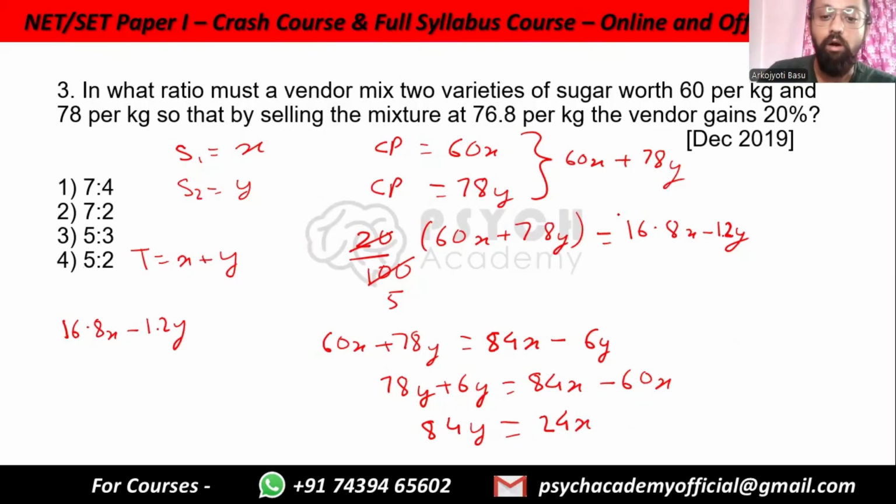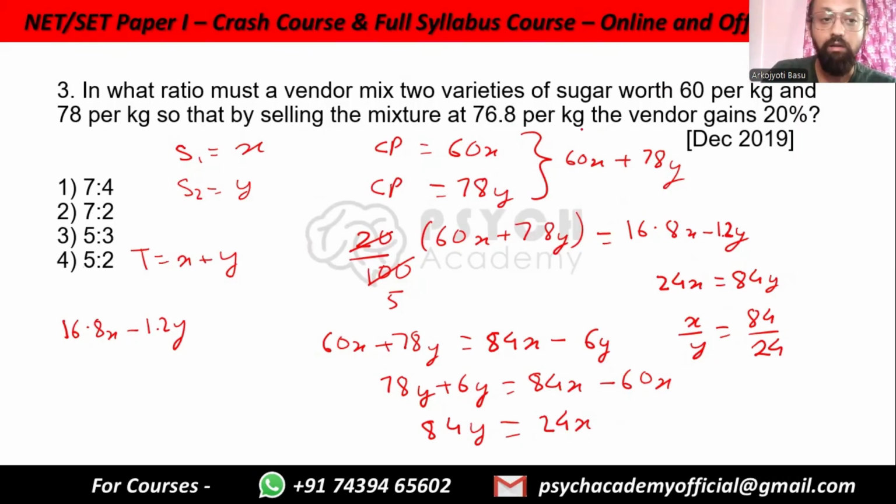Okay, now what do we get from here, which means what are the ratios? So if 24x is equal to 84y, then x by y is equal to 84 by 24. Notice how they have not asked for how much of the quantities were there, or what x or y is.